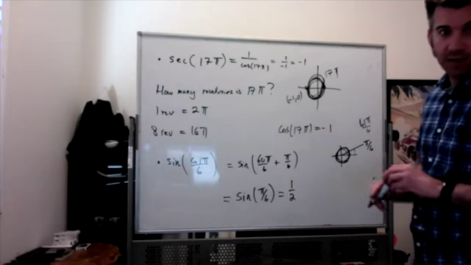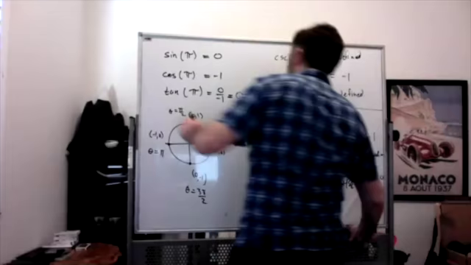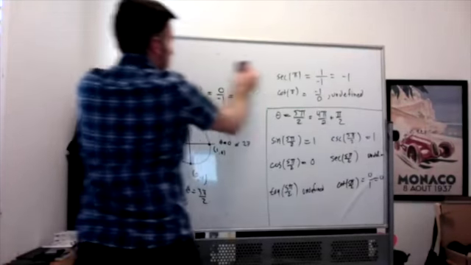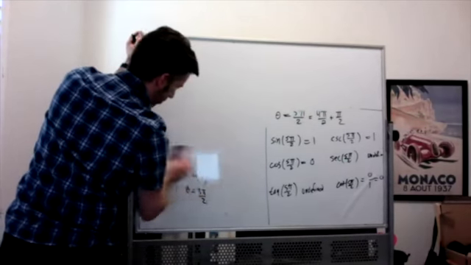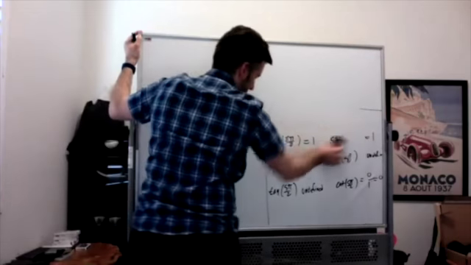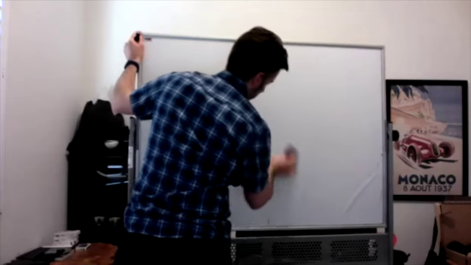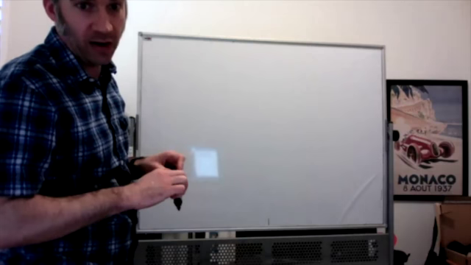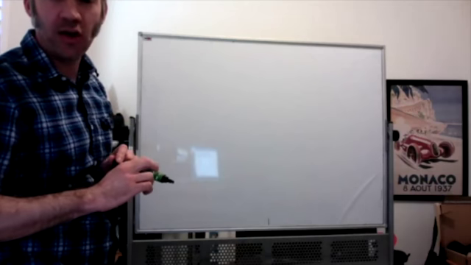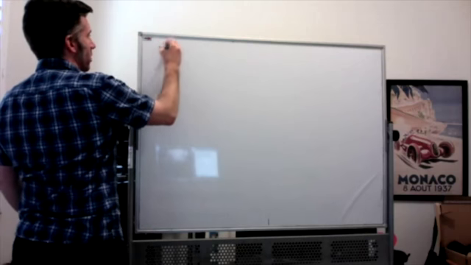Okay. So now let's talk about some identities. Again, a trigonometric identity is just a thing that is always true for any value where the trig function is defined. I know I already mentioned this one, but let me say it again.